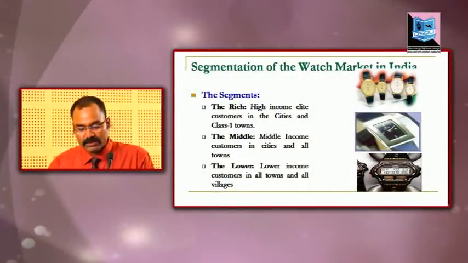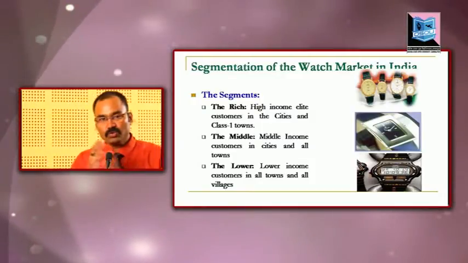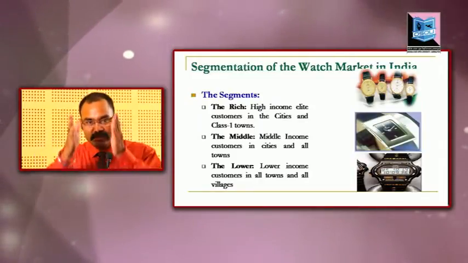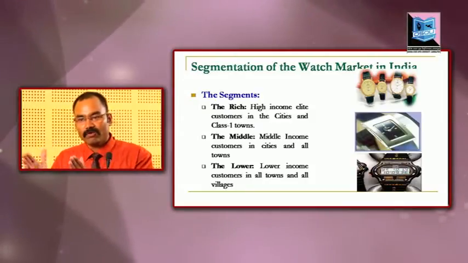I have given you the segmentation of the watch category, the wristwatch category, into three demographic segments. One is the rich category, the middle category and the lower category. For example, the lower income group may purchase a watch only for time purposes, to see the time. But the middle category normally takes two options, both checking the time as well as style or maintaining lifestyle.